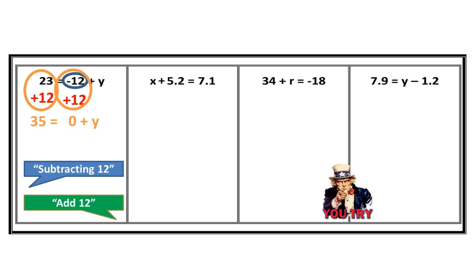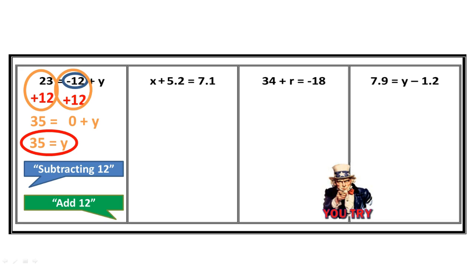Anything plus 0 is just itself, so my solution is y equals 35. 35 equals y is a perfectly acceptable way to write it as well. My variable is all by itself on one side with the other values on the left side. I got those values moved over by canceling out or finding the identity using my inverse operations. And I now know that if I plugged in 35 for y, 35 plus negative 12 would give me 23.